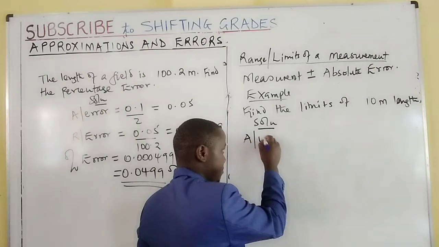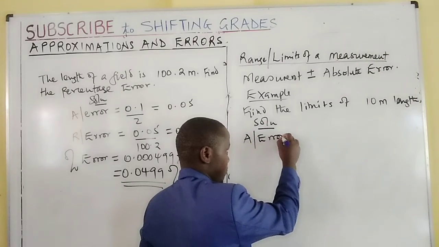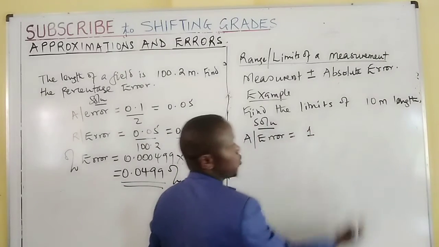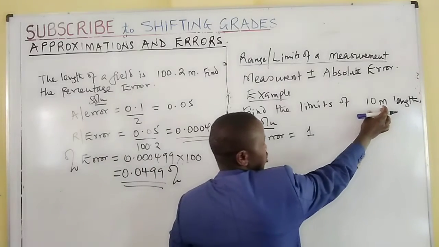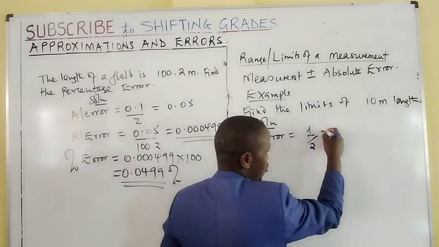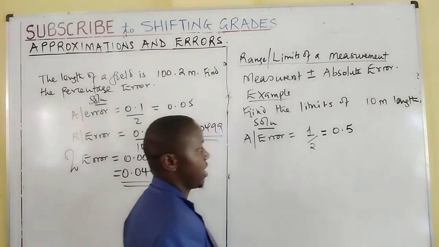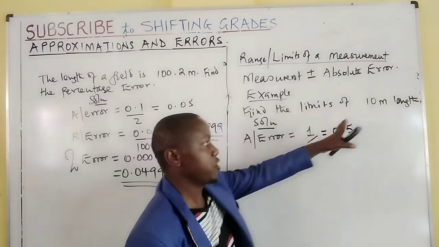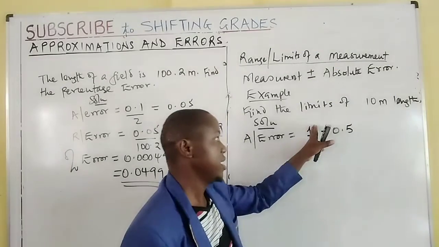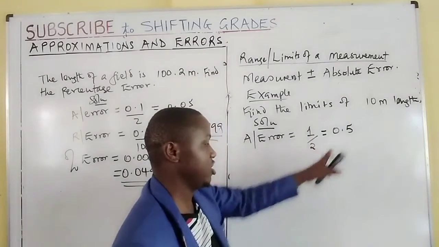So absolute error: the level of accuracy is 1 because it has been recorded to the nearest whole number, but now we divide it by 2 to get the absolute error, 0.5.